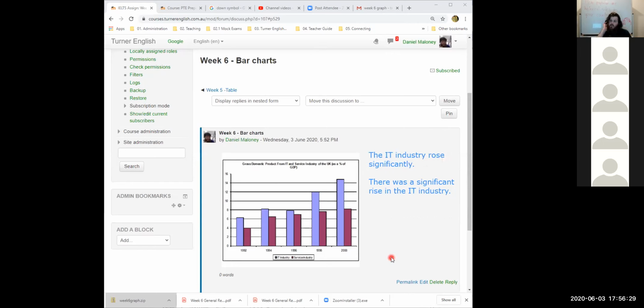That's what I'll be looking for with this graph this week. Okay, does that make sense, everybody? Great. So that's the language I'm after today, guys. Try to write 150 words if you can. If not, just make sure you're using some of that language. That's what I'm really after this week.